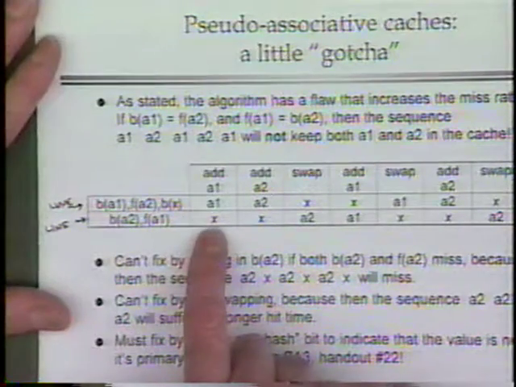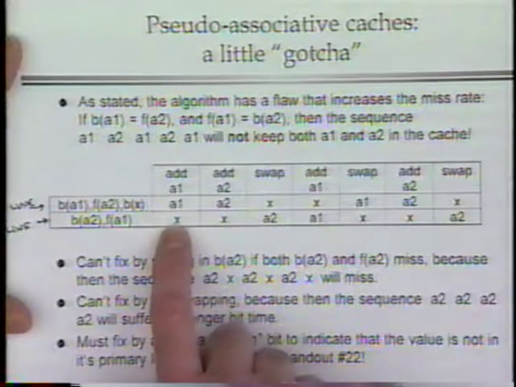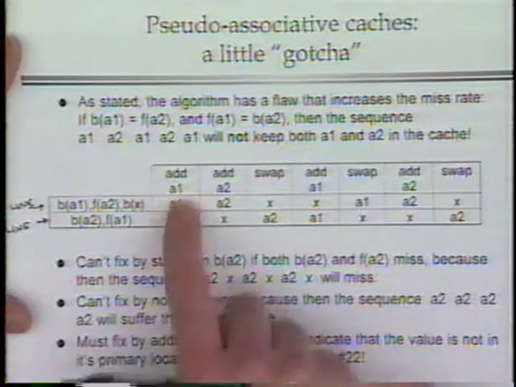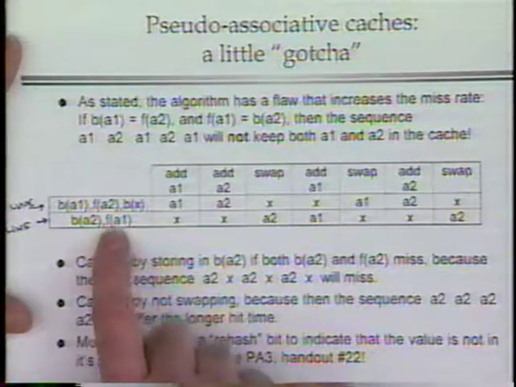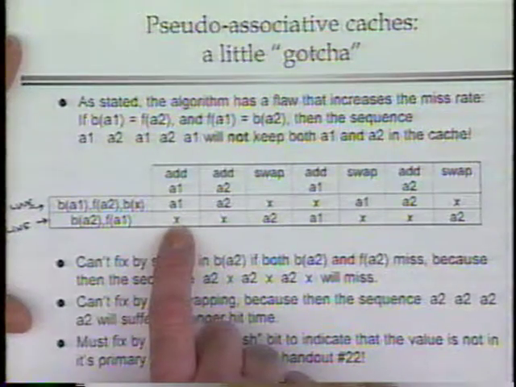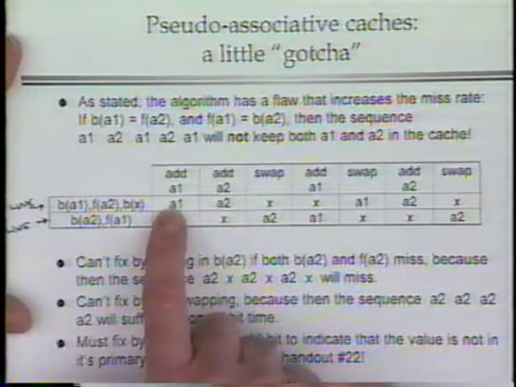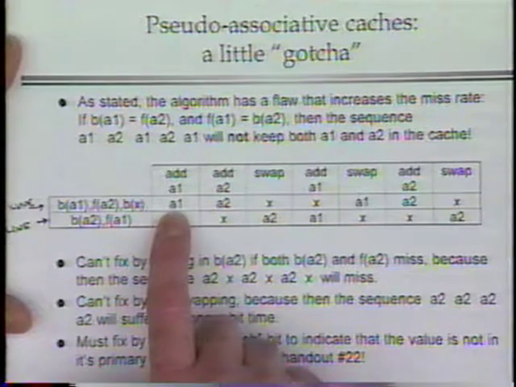So let's take a look at what happens if we're trying to add A1 and we've got X in the second line. Well, we look at its first location, which is the second line, and it's not there, so we missed on the first attempt. We look in the second location, and it's not there, and we add it.